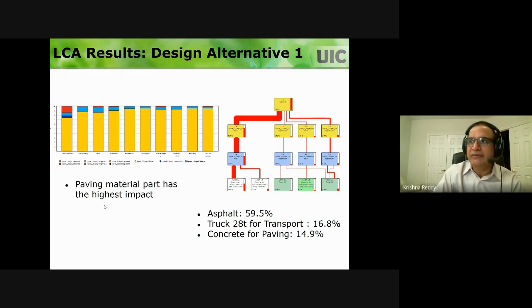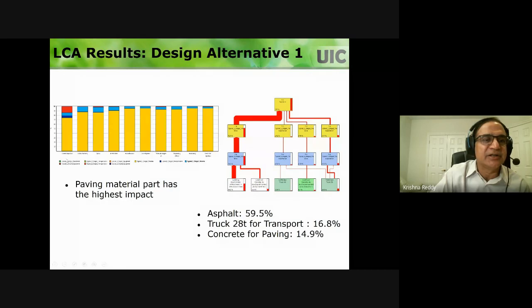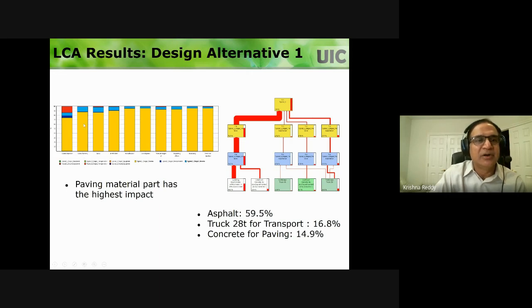I want to explain one figure, results for one alternative, and you will see similar results for the other ones. So what we are looking at here is the environmental impact from the life cycle assessment. These are the environmental indicators that you're getting. The global warming that you see here, that's the carbon footprint. Actually, you can get all the numbers, but this is shown in a normalized way, showing which one is contributing to the total.